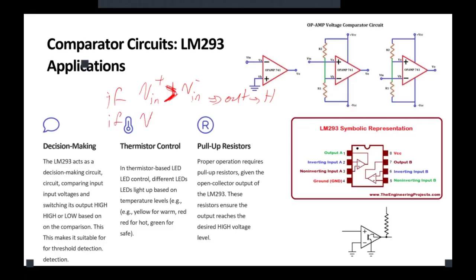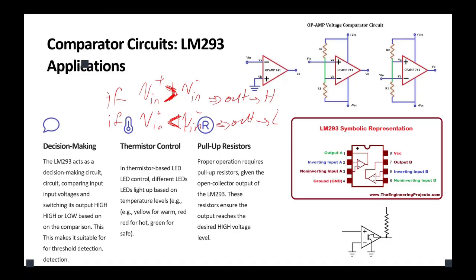And if V in minus, the inverting one, is bigger than the non-inverting one, the output goes low. Now, there is no middle ground. There is no linear behavior. It's just on, off, 1 or 0. This is called saturation mode, where the op amp operates as a fast, sharp threshold detector.